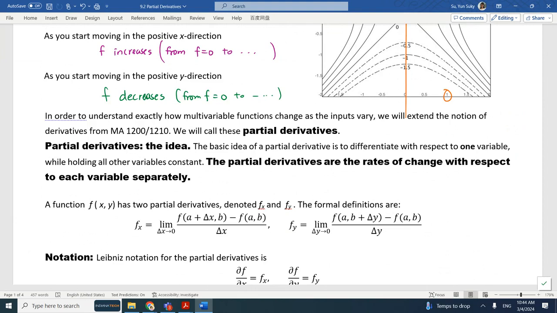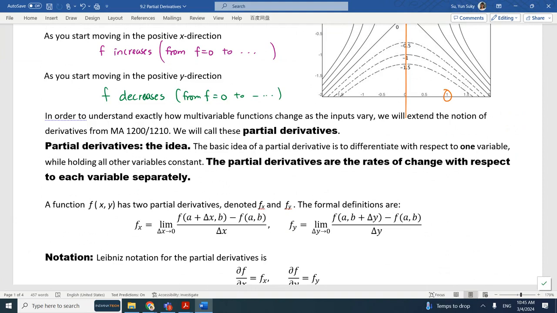So if we go in the x direction, then y remains constant, and x is changing. If we go in the positive y direction, x remains constant, and y is changing. Do you still remember our basic definition of derivative?